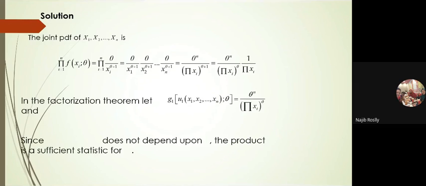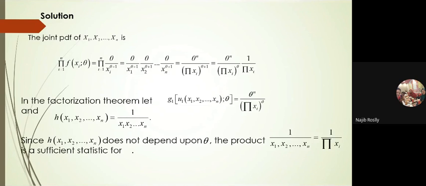In this case you have your function T, so the product is 1 over the product of xi to the power theta. That's why 1 over the product x1, x2, ..., xn is a sufficient statistic for theta. It depends on your PDF.